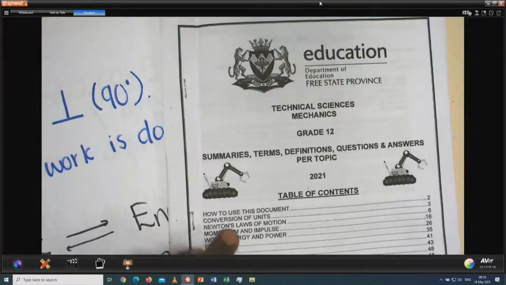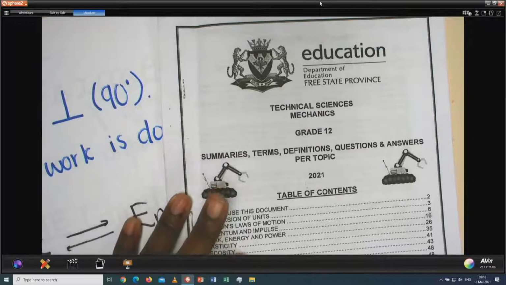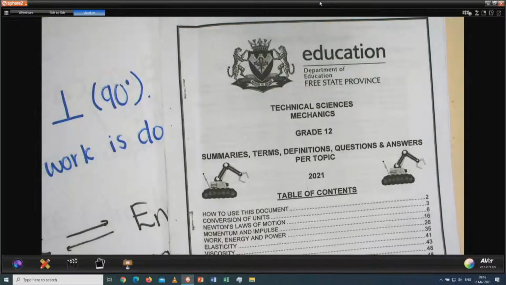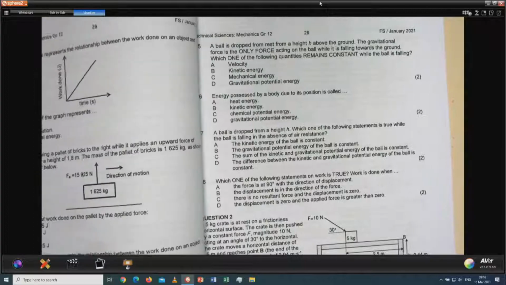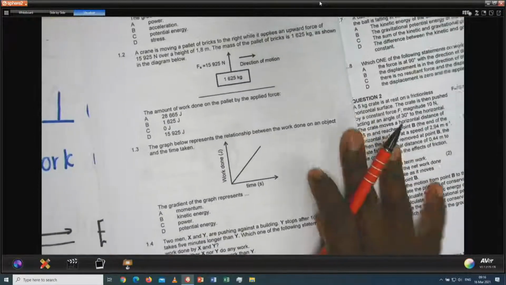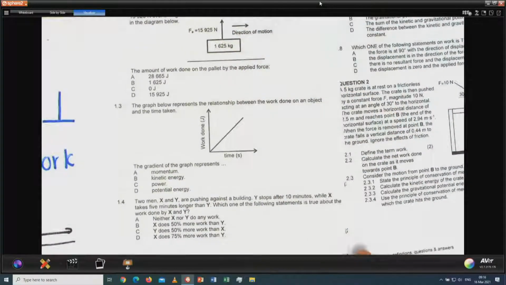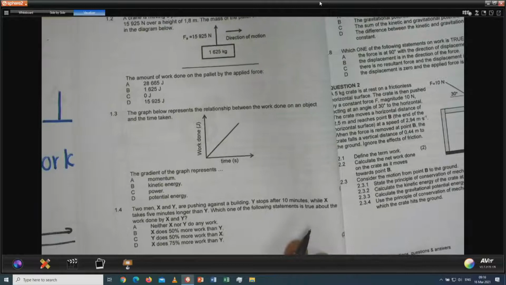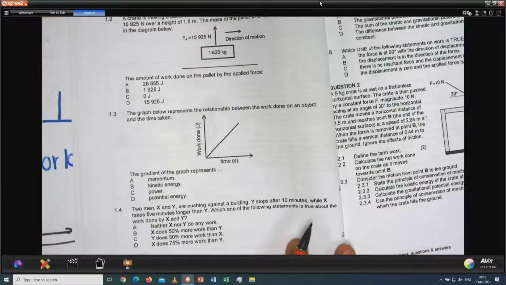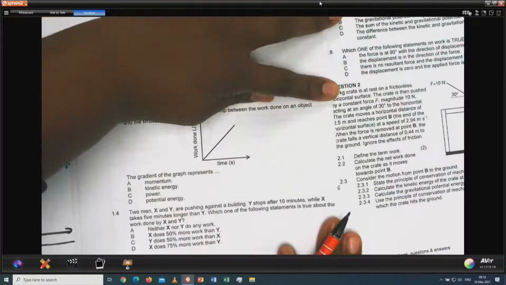Let's look at 1.4. I am using the Technical Sciences Mechanics Summaries Terms Definitions of 2021. So if we look here, 1.4 says: 2 men, X and Y, are pushing against a building.